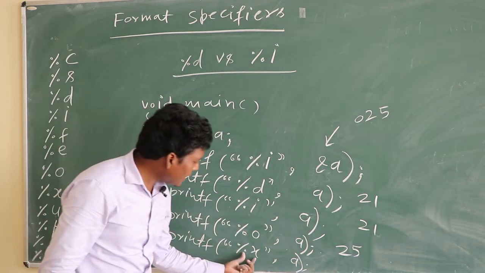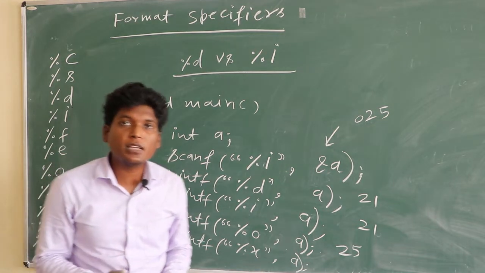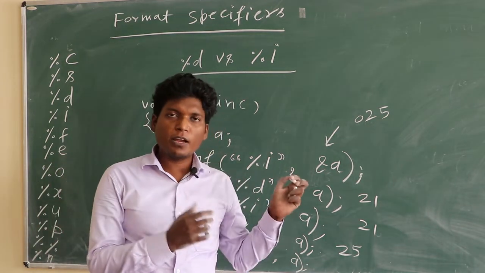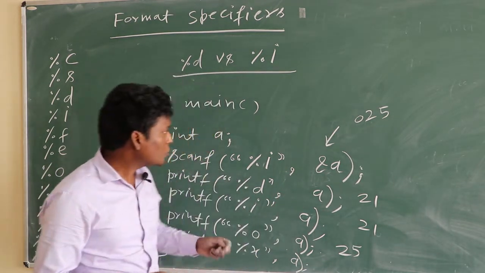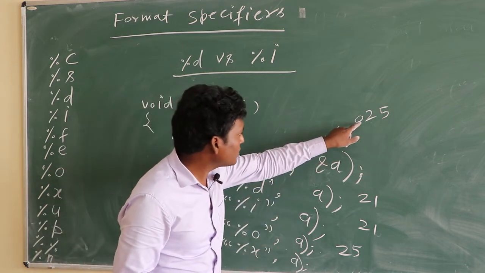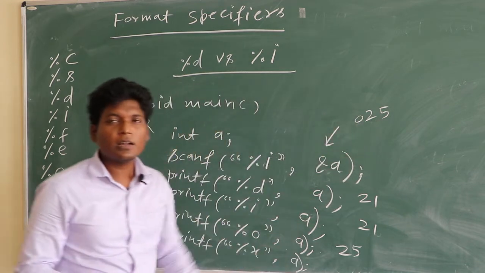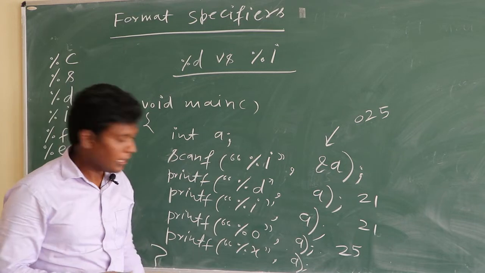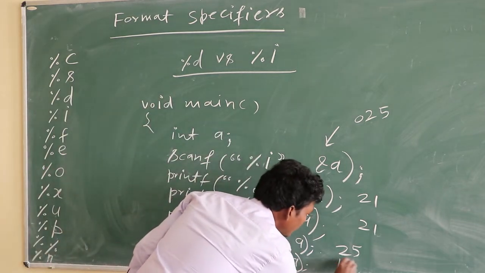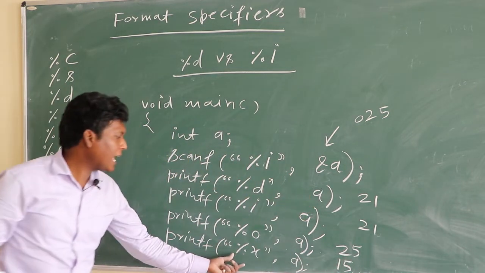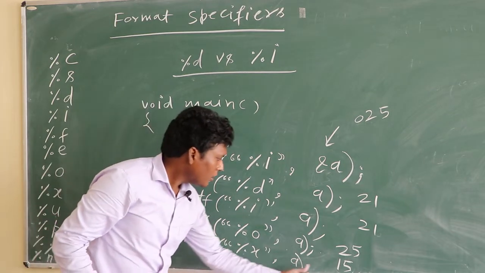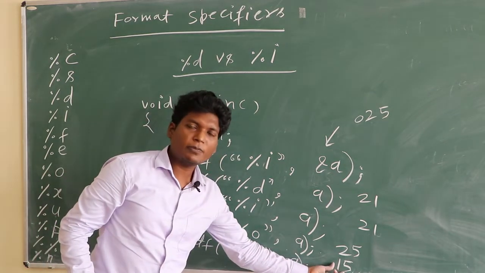printf %x prints the value in the hexadecimal number system. So it automatically converts the octal number 025 into a hexadecimal number, that is 15. So %x prints a as 15.